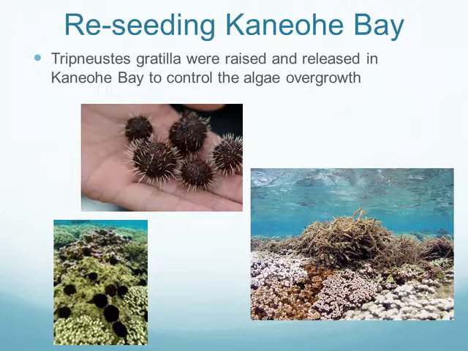But you can see on the bottom left-hand image there they are placed on top of a reef, and they're just going for it. The only problem is they tend to die off pretty quickly within Kaneohe Bay, and I don't think anybody knows why, because they used to be found in this bay in quite abundance, but who knows.